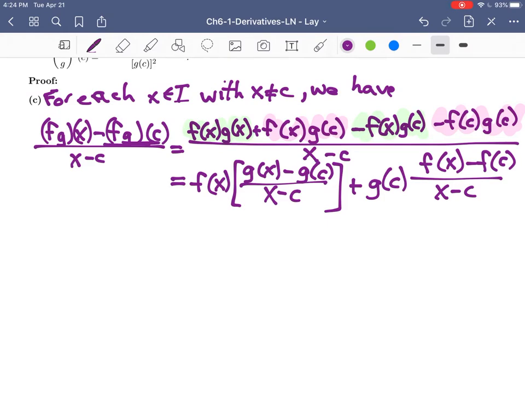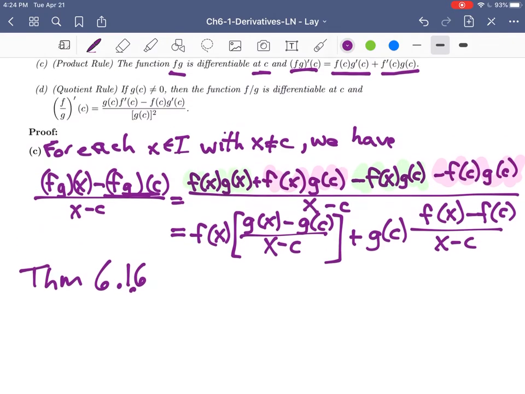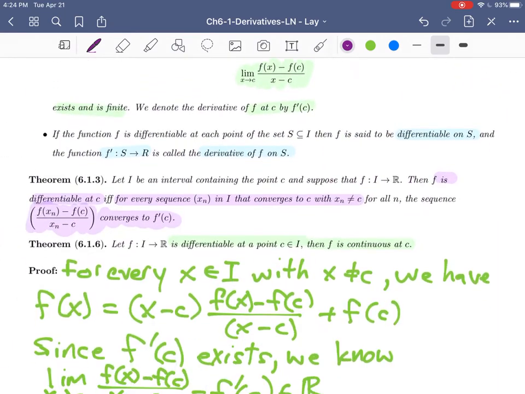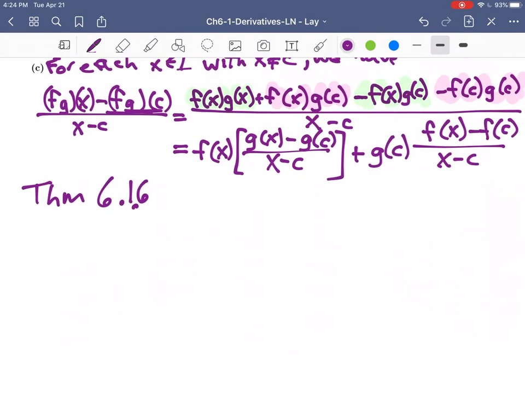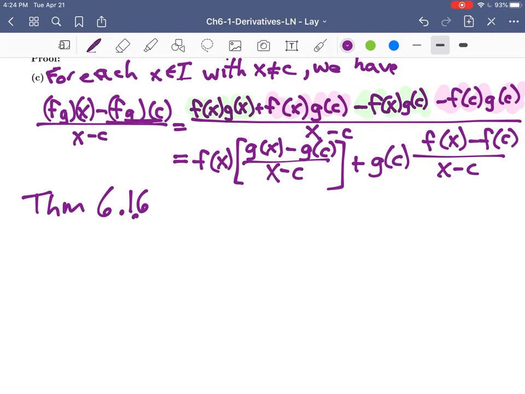Next, we make this observation that our theorem 6.1.6, the theorem from last time, says if it's differentiable at a point c, then it's continuous at that point. So theorem 6.1.6 implies that f is continuous at c.